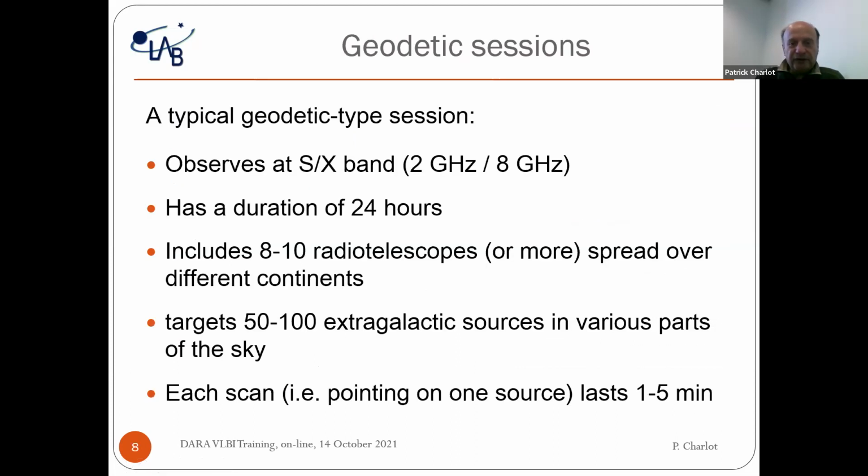So just to give you some feeling about how you run a session, what happens during a session. A typical geodetic session: you observe at two frequencies, what we call S band, which is 2 gigahertz, and X band, which is 8 gigahertz.